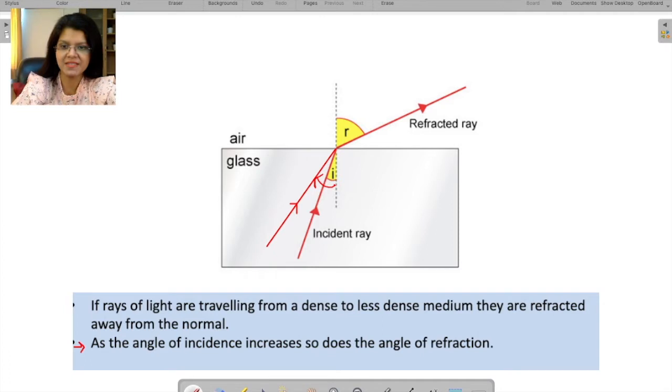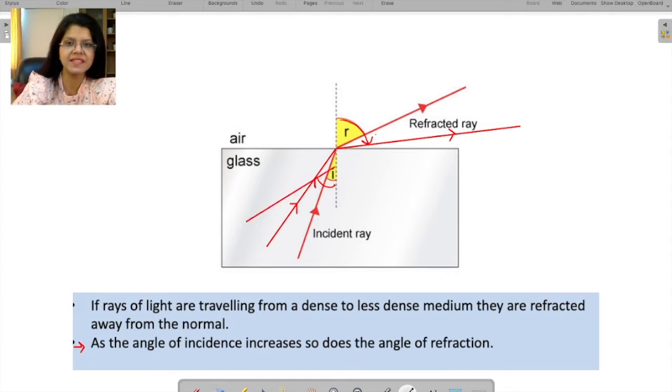What happens as a result to the angle of refraction? The angle of refraction also increases. The angle of refraction has also increased. If you increase the angle of incidence further, imagine that you are doing it.